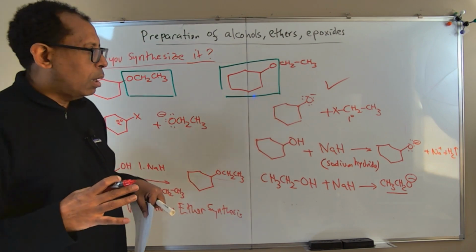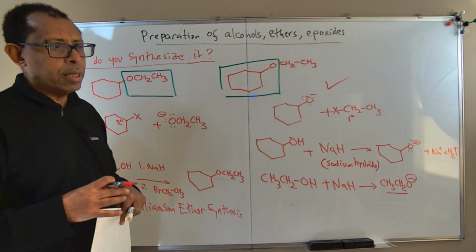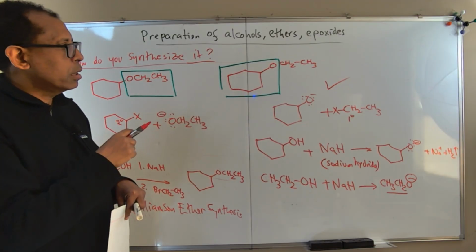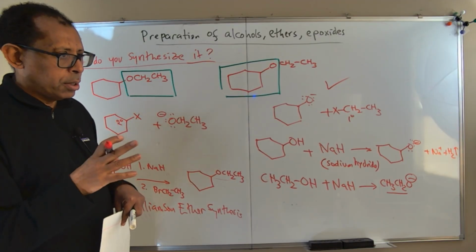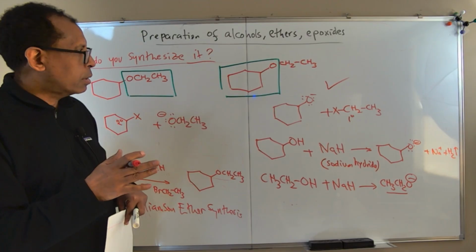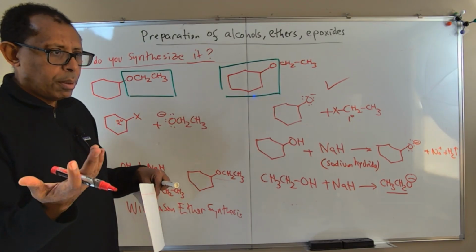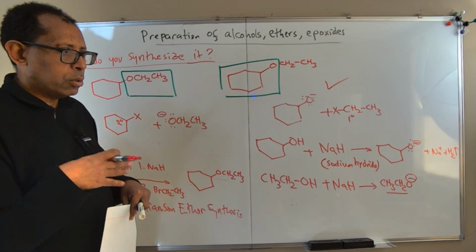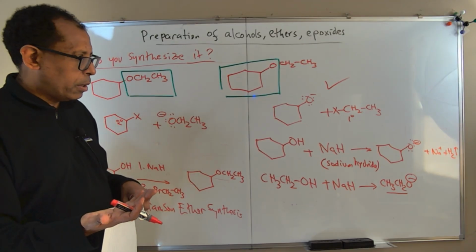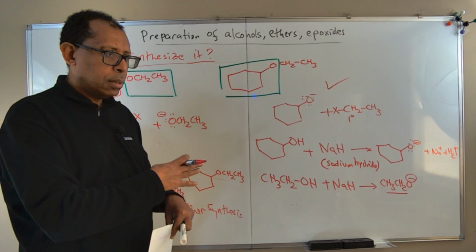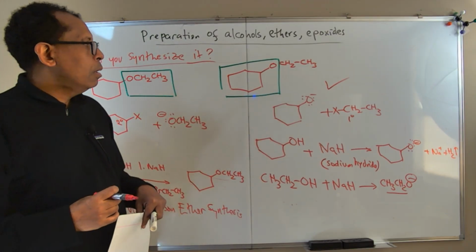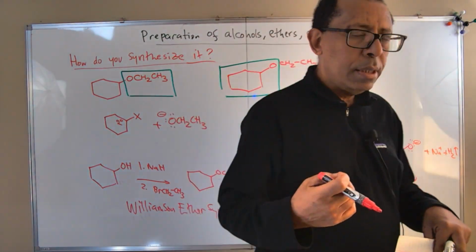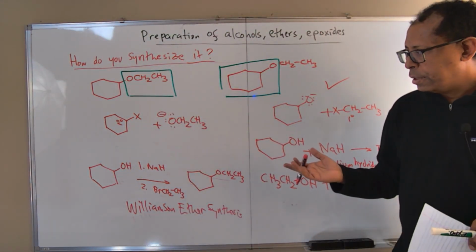Next, we'll see how we synthesize epoxides. Now, in this series, we have seen how alcohols are synthesized. Alcohols are synthesized from a primary or secondary alkyl halide and hydroxide, sodium hydroxide or potassium hydroxide. Ethers, in contrast, are synthesized from an alkoxide and a primary alkyl halide.